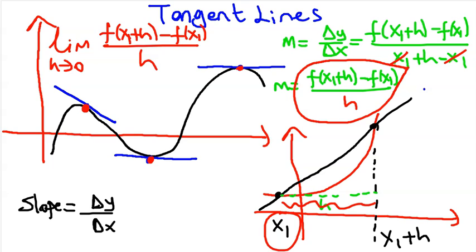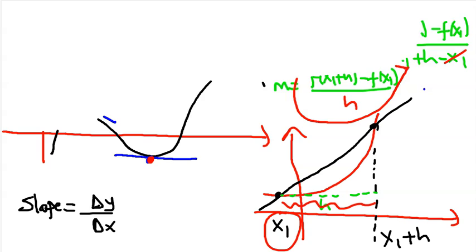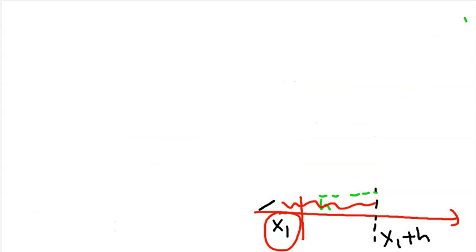So I would like to recap what I have been talking about so far. I would like to erase the board. So far we've learned that the slope of a curve at any given point is going to be equal to the slope of the tangent line at that particular point.